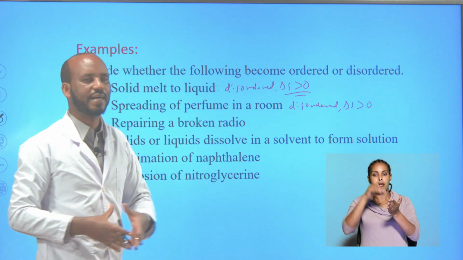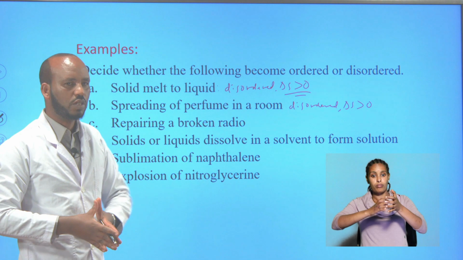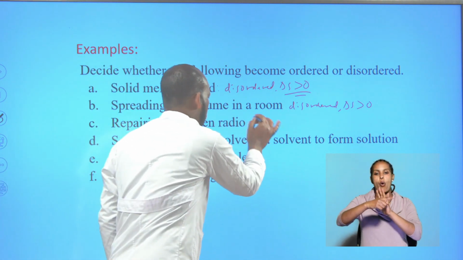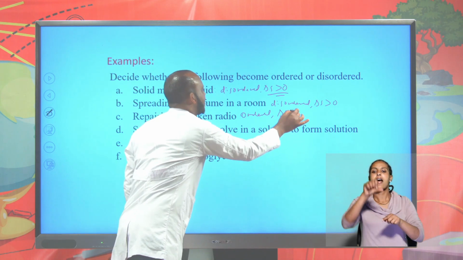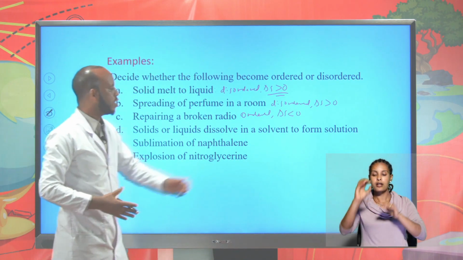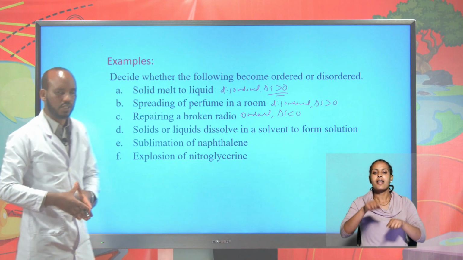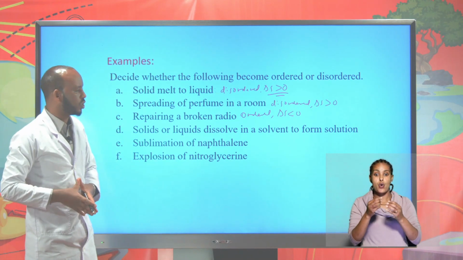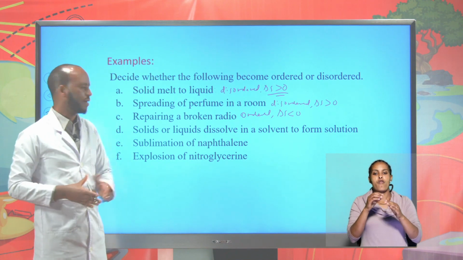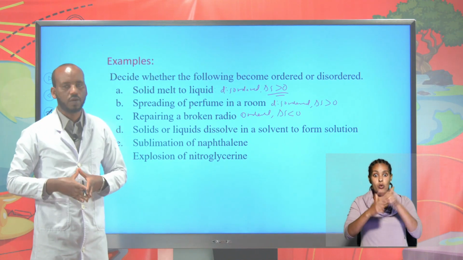Repairing a broken radio. Now this is ordered. Change in entropy, delta S, is less than 0. The sign of delta S is negative. Solids or liquids dissolve in a solvent to form a solution. Again, this process is disordered.